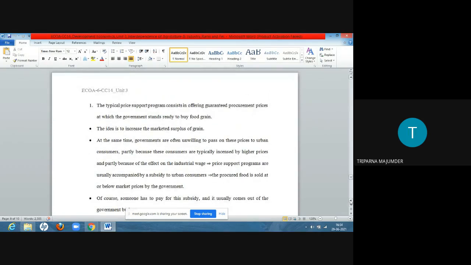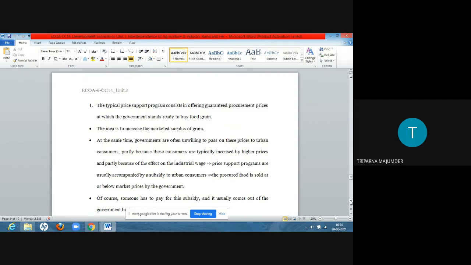The typical price support program consists in offering guaranteed procurement prices at which the government stands ready to buy food. The idea is to increase the marketed surplus of grain. At the same time, governments are often unwilling to pass on these prices to urban consumers, partly because these consumers are typically incensed by higher prices and partly because of the effect on industrial wages.